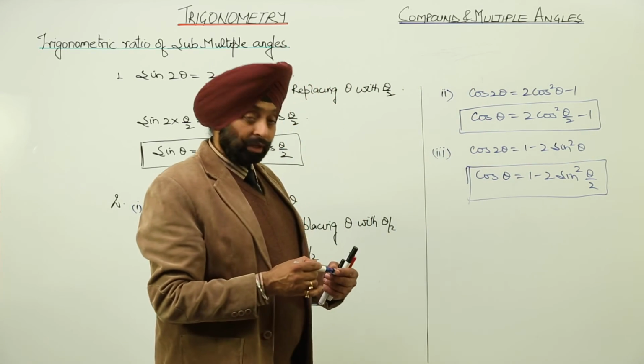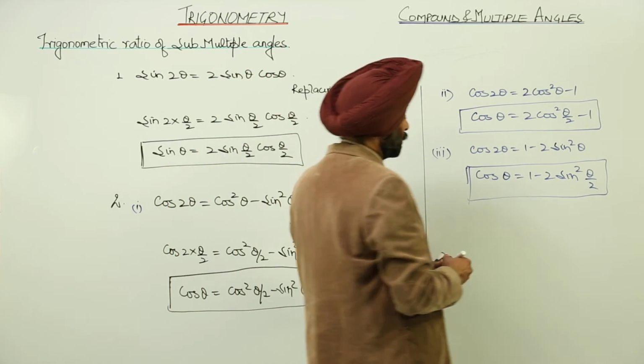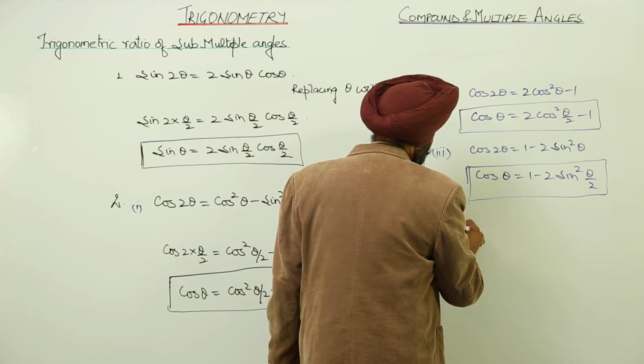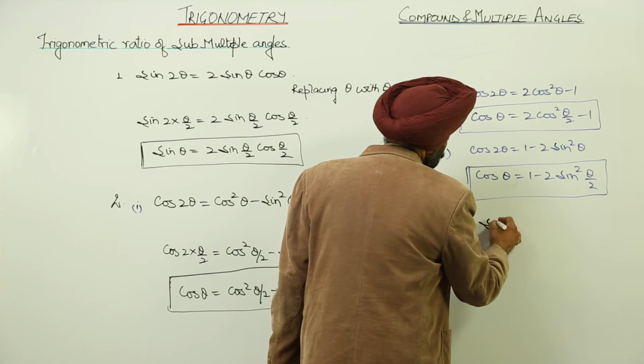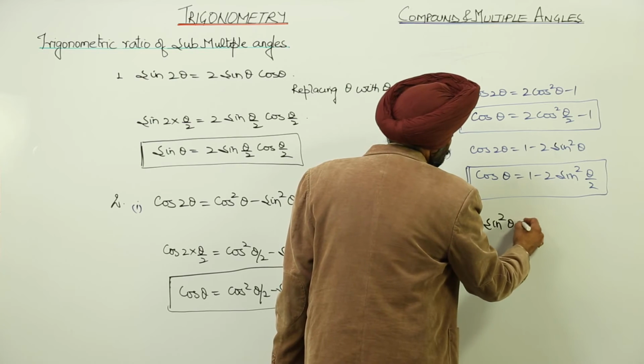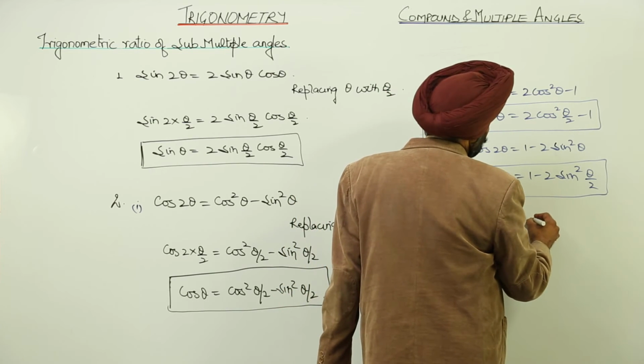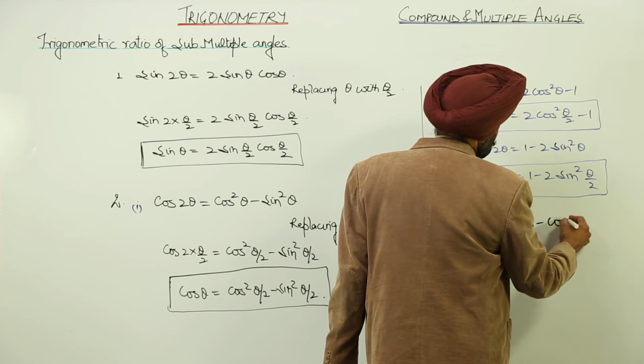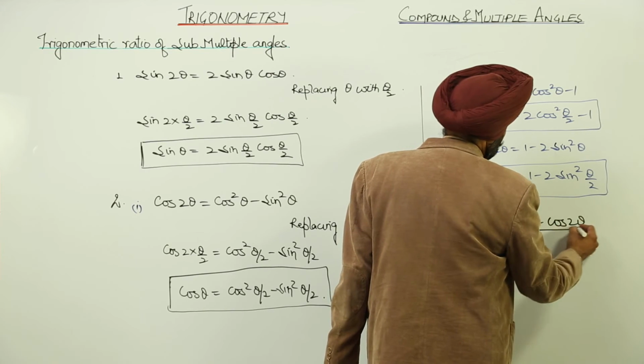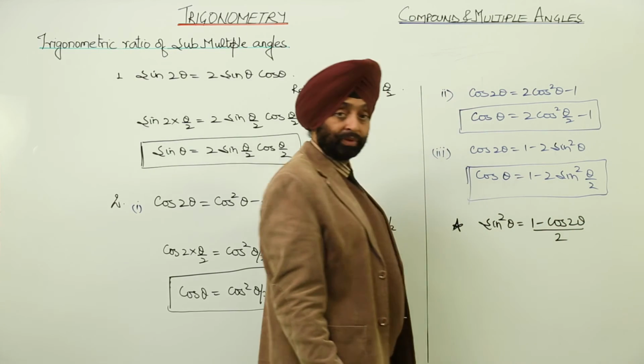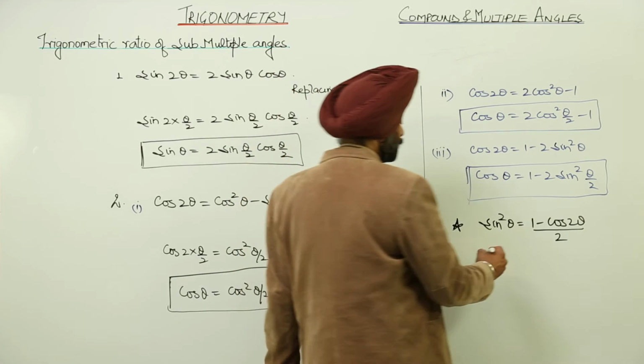Okay. Now the remaining corollaries, what have we done? Now we are having sin square theta is equal to 1 minus cos 2 theta upon 2. So what can we write here?